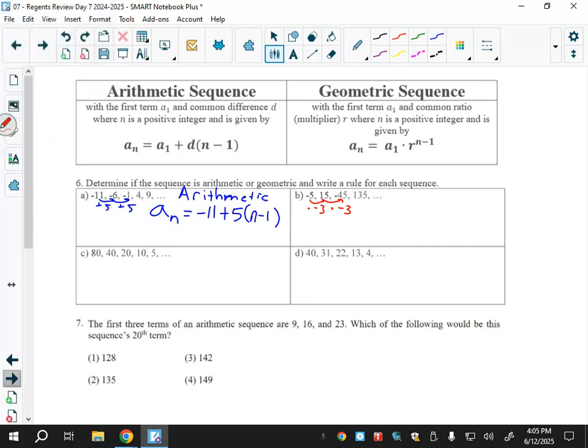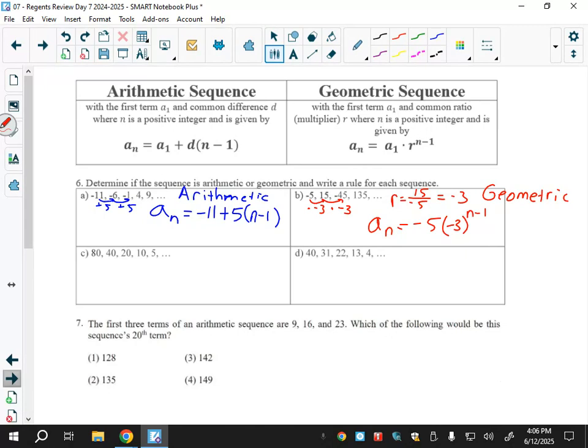Another way you can determine that common ratio, what we're multiplying by, is to take the second term, which is 15, and divide by the first term, which is negative 5. So you're looking for that ratio, and this reduces to negative 3. Okay, so this is clearly a geometric sequence, and we're going to use that geometric formula. Our first term is negative 5, and then we've got our common ratio, negative 3 to the n minus 1 power.